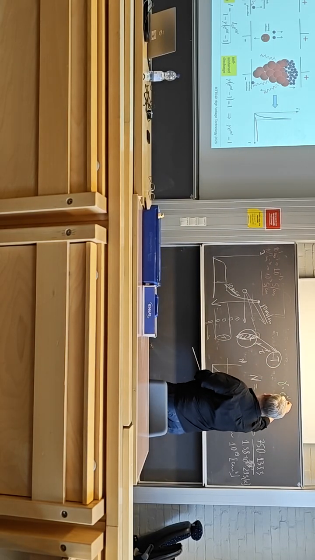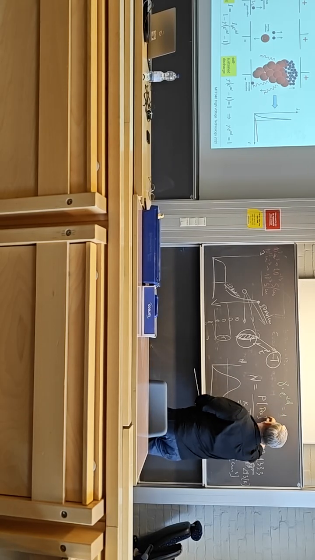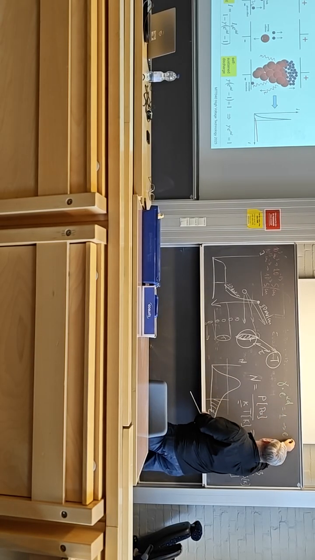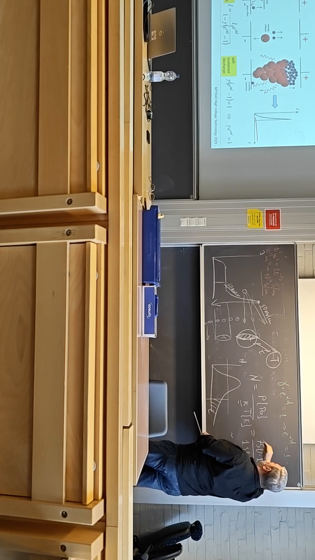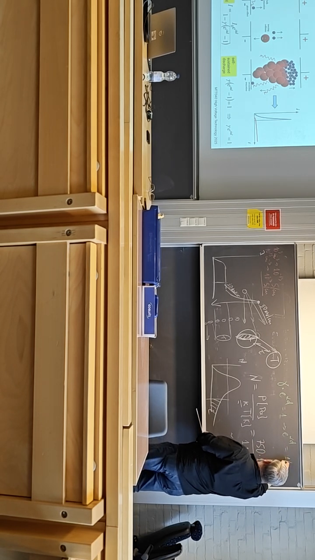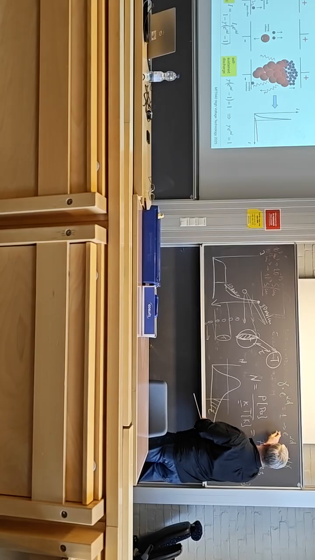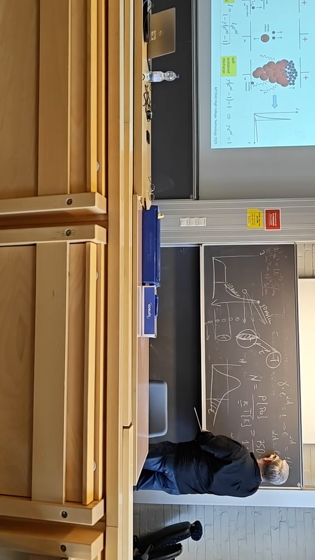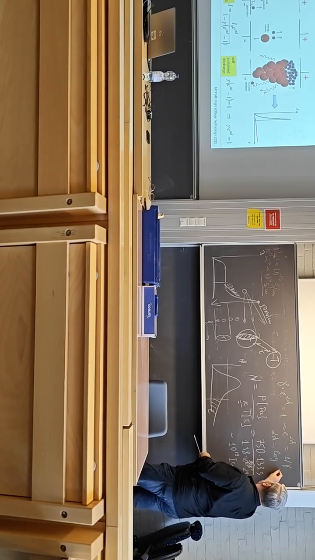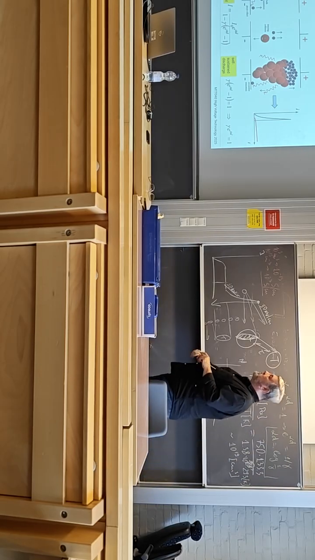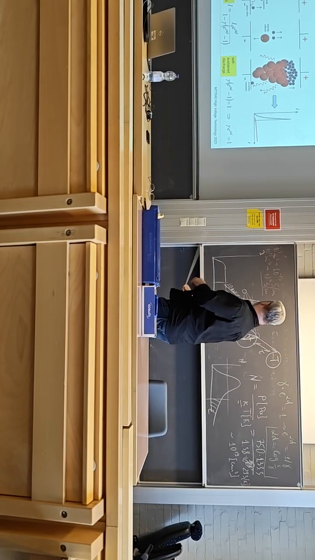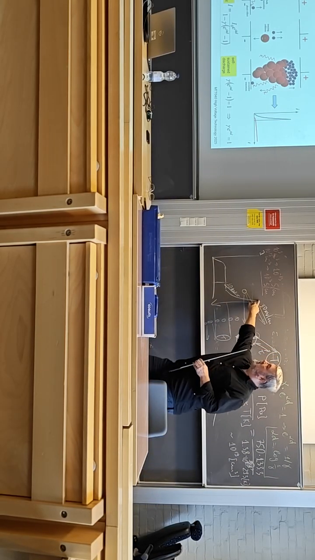So exponential alpha d equal to 1 plus 1 over gamma, and then taking the log of this, alpha d equal to log of 1 over gamma, right? So this is the condition for the Townsend breakdown.